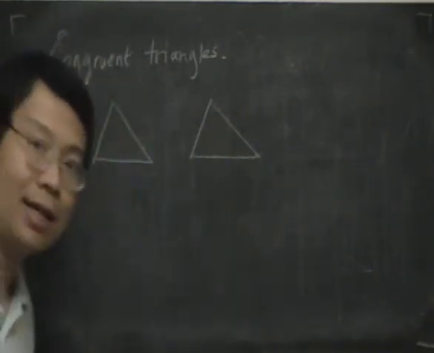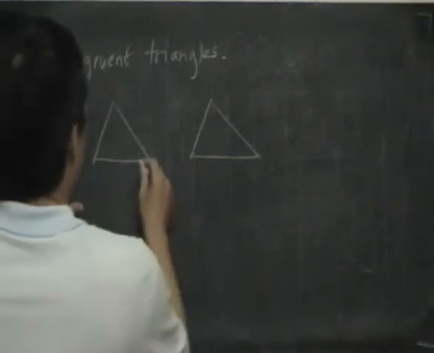I have 2 triangles like that. Now suppose that I have these sides here.